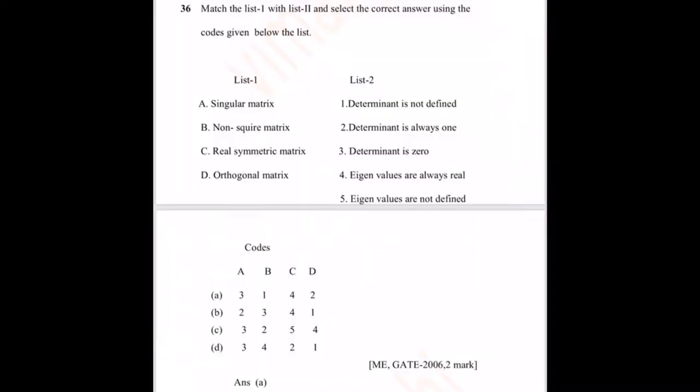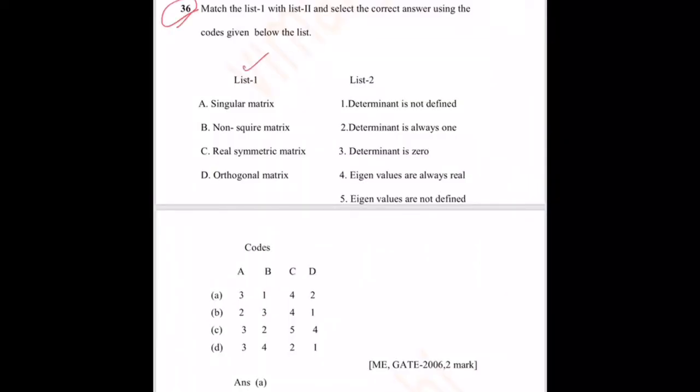Next, problem number 36. Match list 1 with list 2 and select the correct answer using the code given below. A. Singular matrix: singular matrix is determinant equal to 0. Then non-square matrix: determinant is not defined.